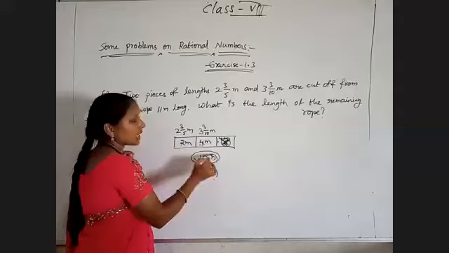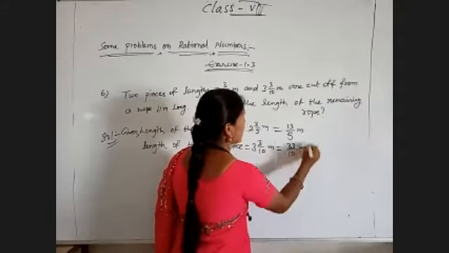The remaining is equal to 11 meters. So 33/10 meters.